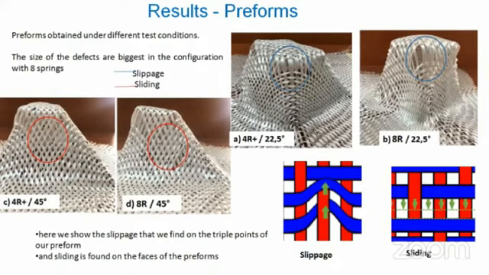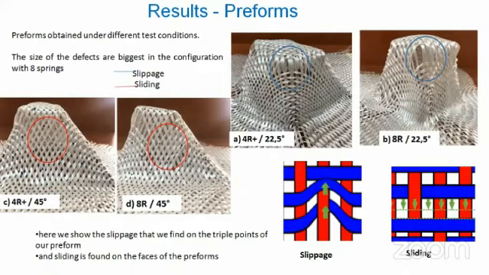We have in A the 4 springs configuration with orientation 22.5 degrees, and 8 springs with 22.5 degrees, and 4 springs and 8 springs with 45 degrees. And here we have the slippage.